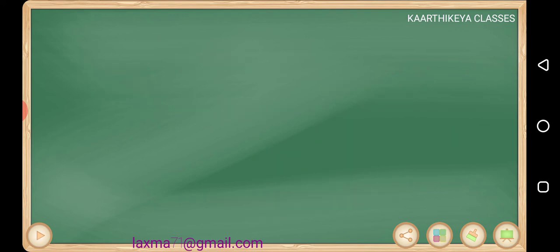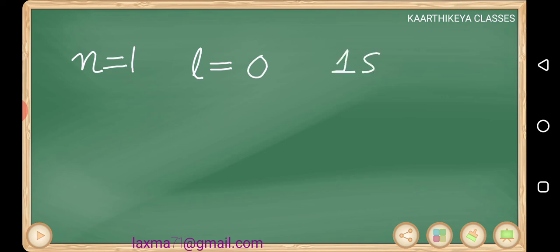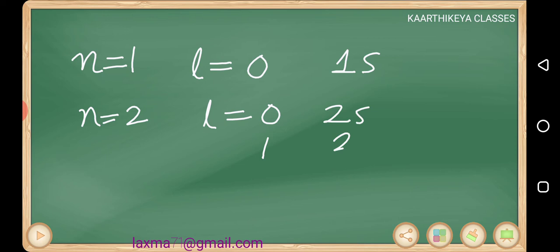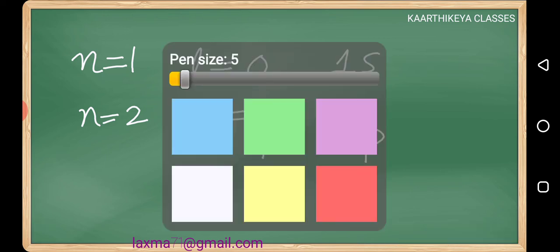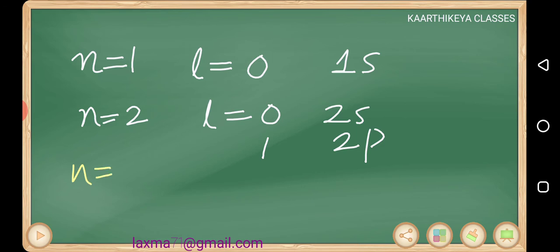Next, if n is equal to 1, L can be 0 only, up to n minus 1. That means only one s orbital is possible. If n is equal to 2, L can be 0 and 1, and these orbitals are 2s and 2p. This is called orbital designation. If n is equal to 3, what L values can there be? 0, 1, 2.